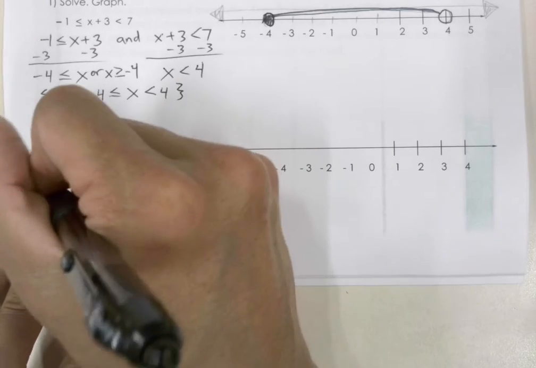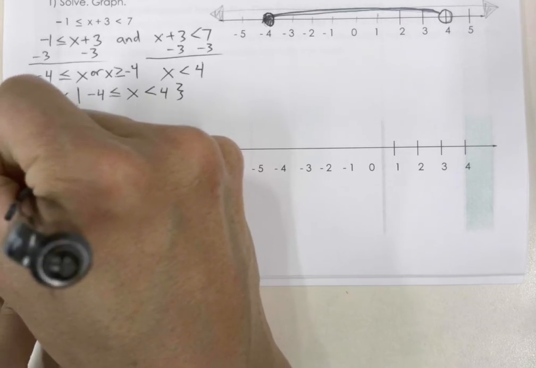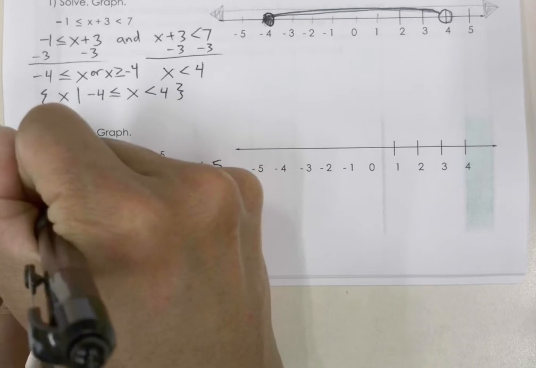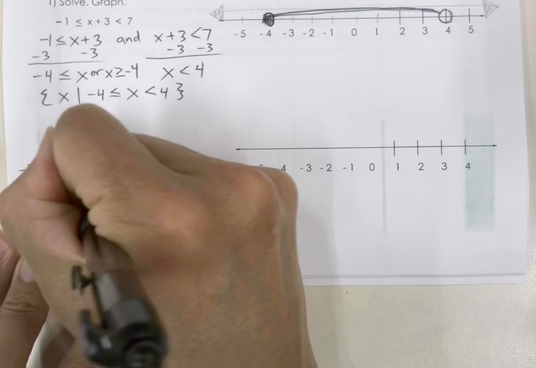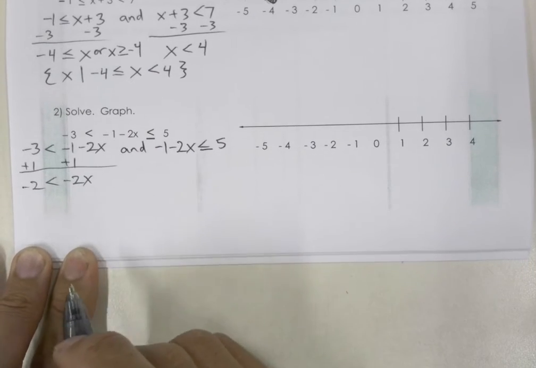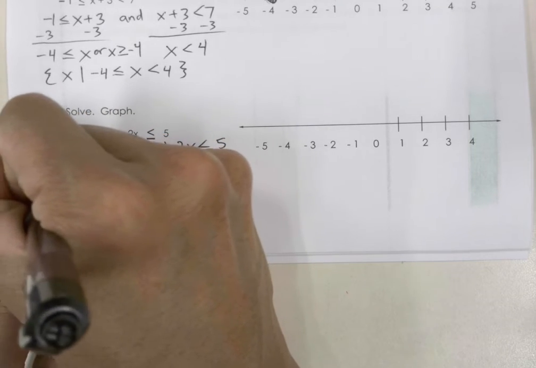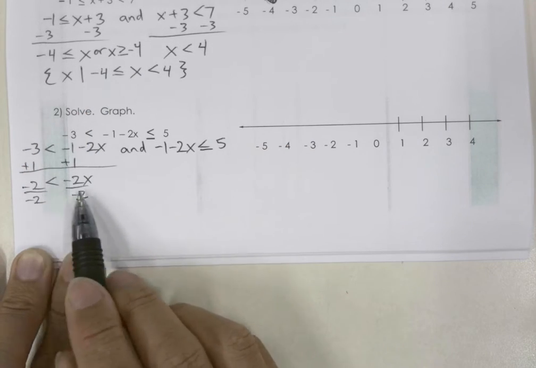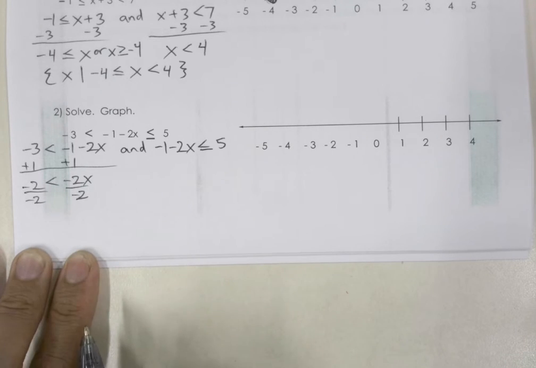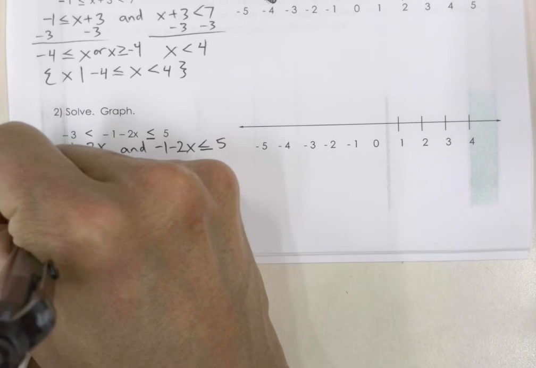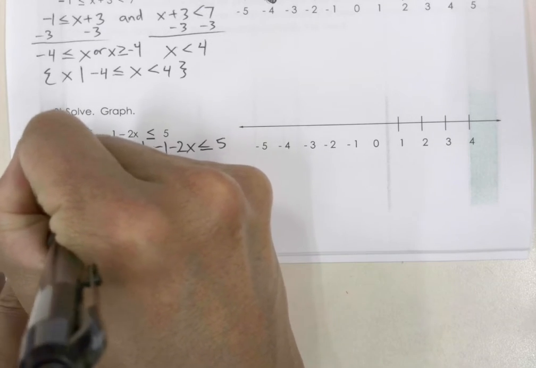We'll add 1 to both sides of the inequality, and we'll get -2 is less than -2x. We're going to divide both sides of this inequality by -2. You need to remember, when we divide an inequality by a negative number, the sign switches. So it's going to be 1 is greater than x.